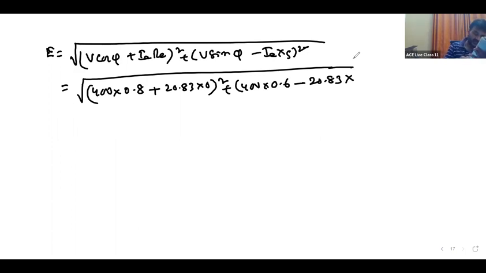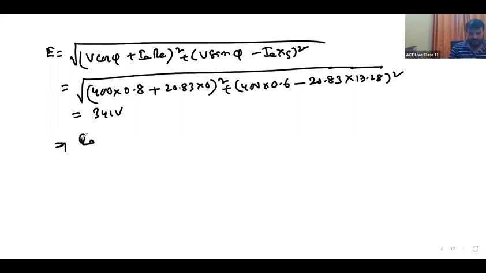XS is equal to 17.28, calculated earlier, whole square. This value comes to 341 volts.